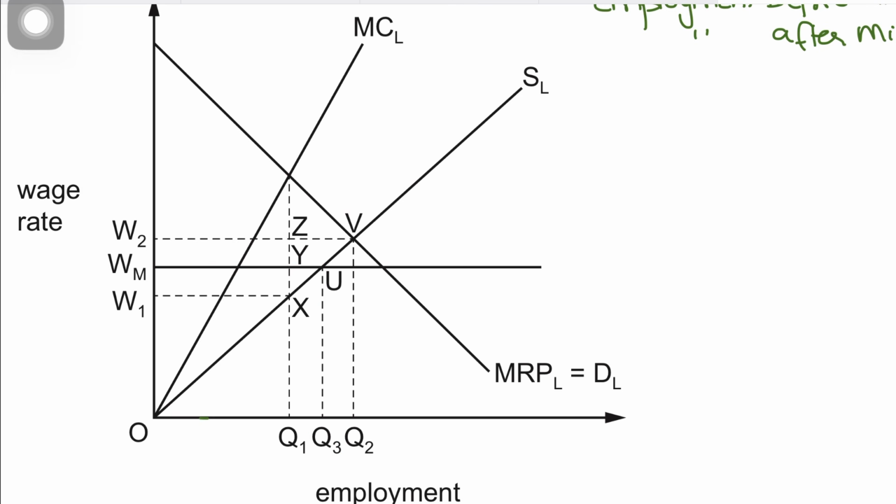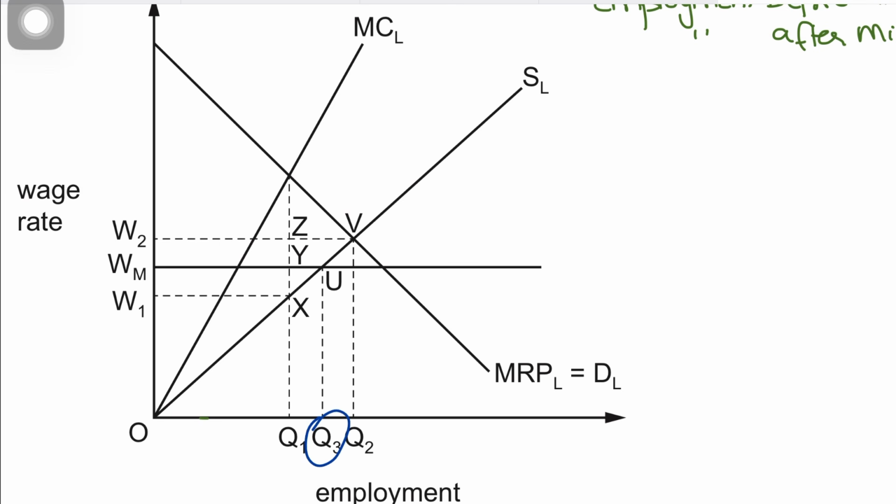Since the minimum wage lowers the marginal cost of labor compared to before, that encourages the monopolist to hire more workers, so the monopolist ends up hiring Q3 workers, right? Beyond Q3, workers are not willing to work for only WM.